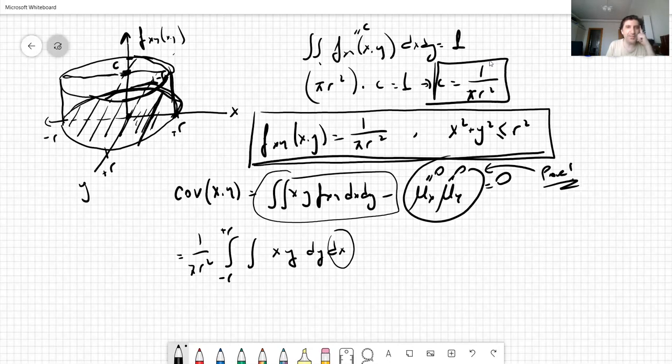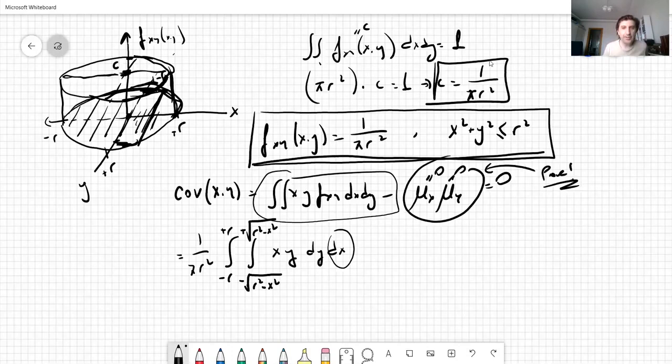When we are at this point, the integration will be over the y values, and the corresponding y values are going to range from minus the square root of r² minus x² to plus the square root of r² minus x².